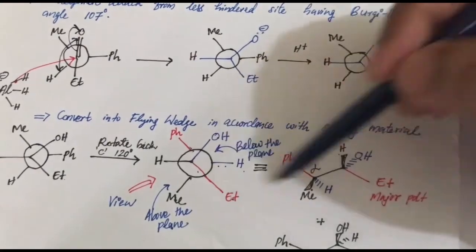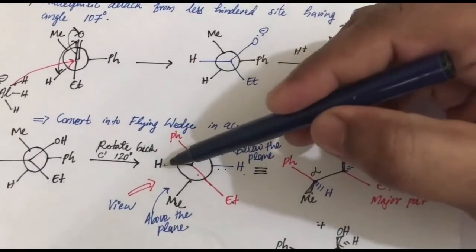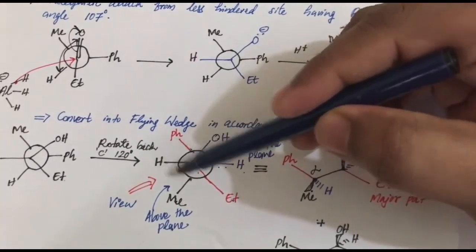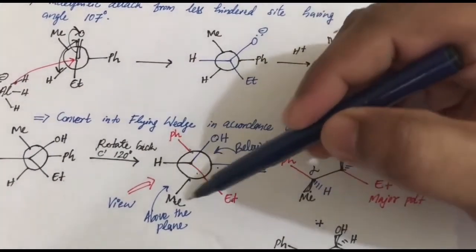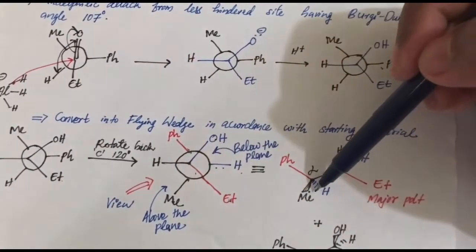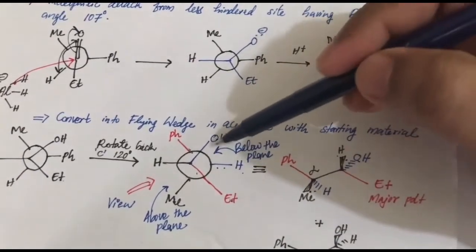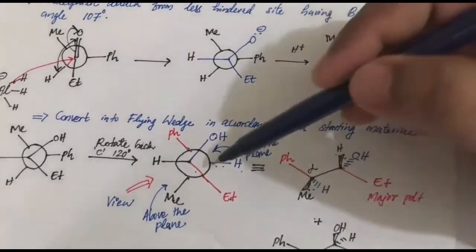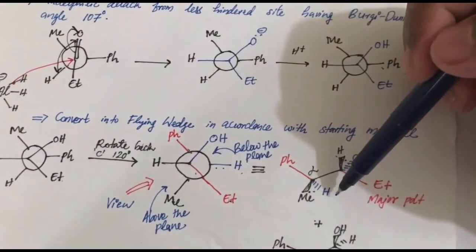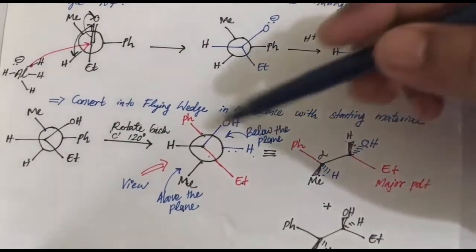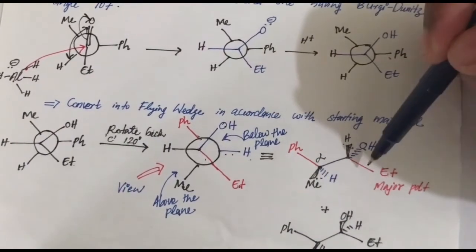So Ph, Et in the plane of paper, in black color the front H in wedge, in black color Me in wedge, in blue color OH on the front carbon in dash, and in blue color H on the back carbon in dash. So according to the Felkin-Anh model, this is our major product.